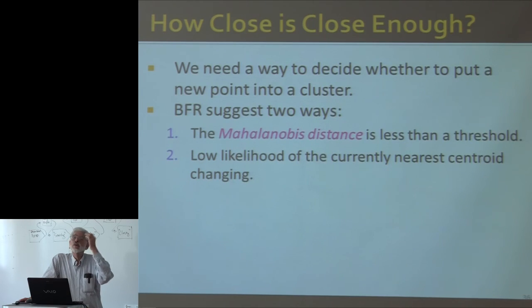Now, if you've already assigned lots and lots of points, maybe half the points, you know that the cluster centroids aren't going to move very far, and you can statistically determine the likelihood of that cluster centroid moving by some distance d. If it is very unlikely that even if it moves the furthest distance away from this point, and the other clusters move the furthest distance they can move toward that point, this point's still going to be closer to that guy than any of the other guys.